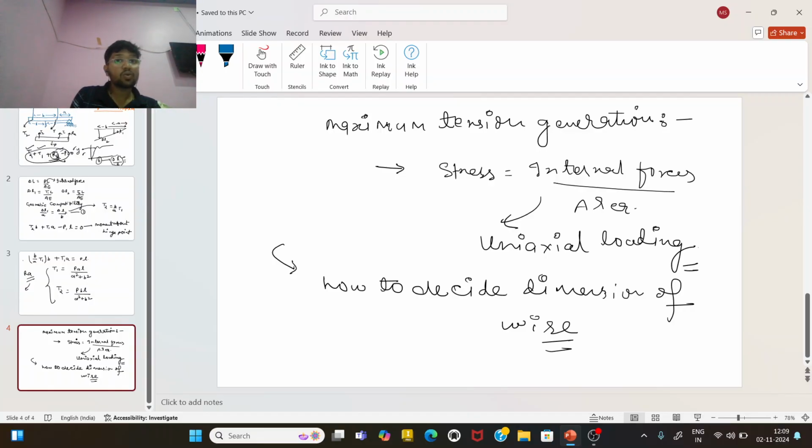These wires can also be elastic rods. Our interest is to find the dimensions of the elastic rod and which material we should use so that it can sustain this much load and this configuration. This is the main intention behind the force analysis.